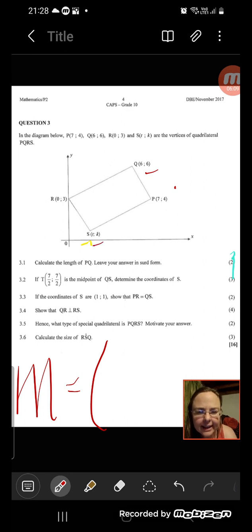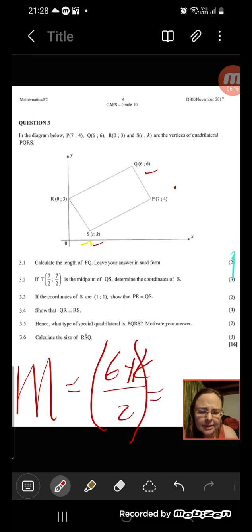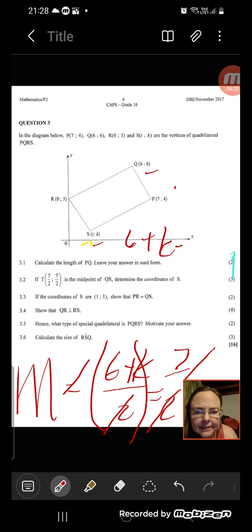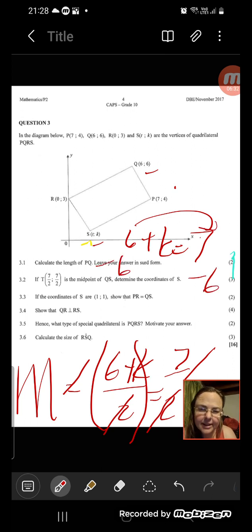And the y value is k, so 6 plus k, and it's probably going to work out exactly the same as the other one, where you know the answer already, because you're going to times that by 2, times that by 2, this is going to go away, this is going to go away. I'm going to have 6 plus k is equal to 7. Minus 6 from both sides, and k is going to give me 1.